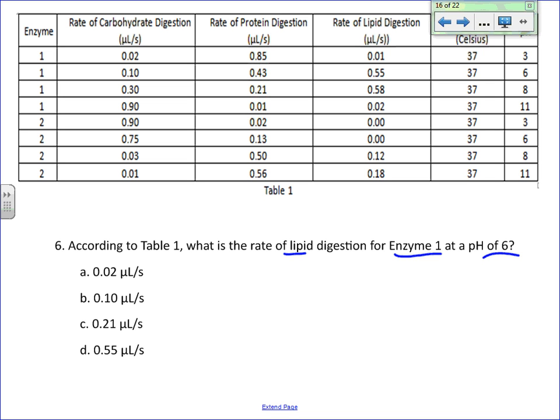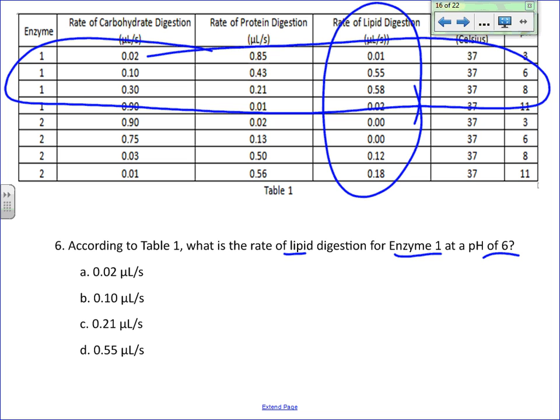So here we go. We need lipid here, enzyme 1 in here, pH of 6 right here. Which means that right there, which is answer B.